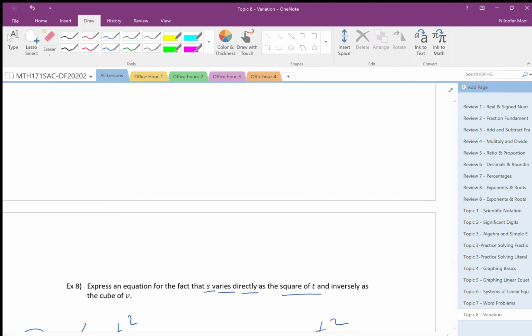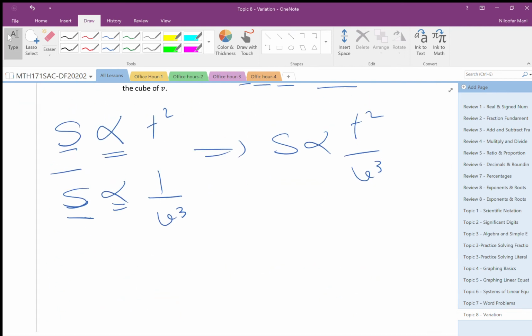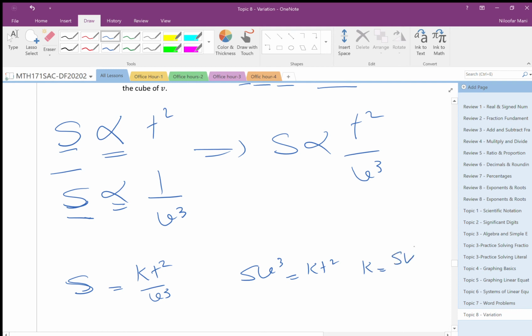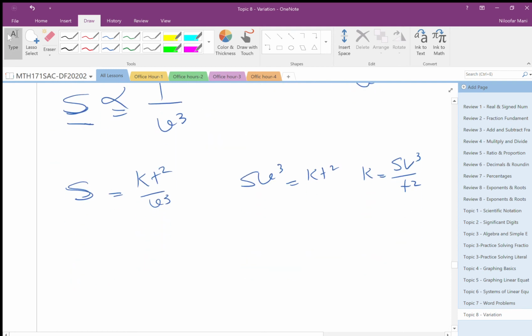How about here? Look at this. S is kt squared over v cubed. Okay, S v cubed is kt squared, and k is S v cubed over t squared. k is not changing. Now write two situations.